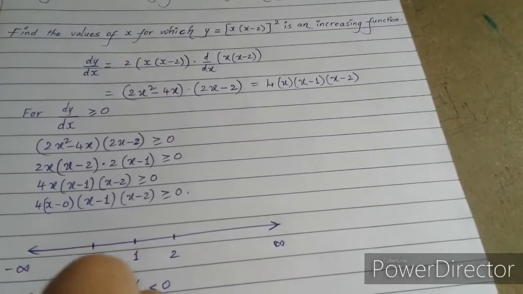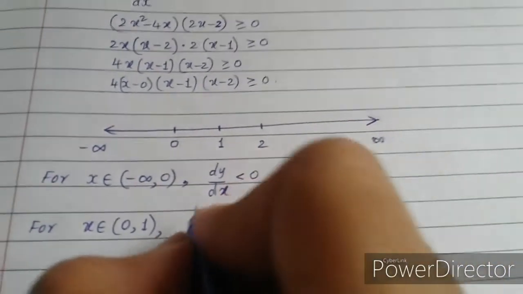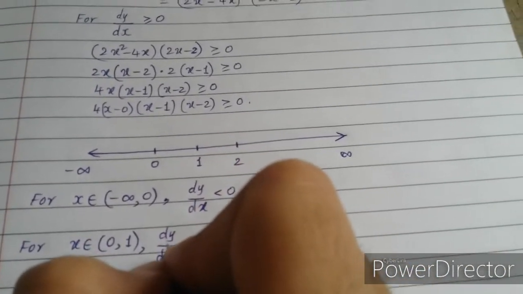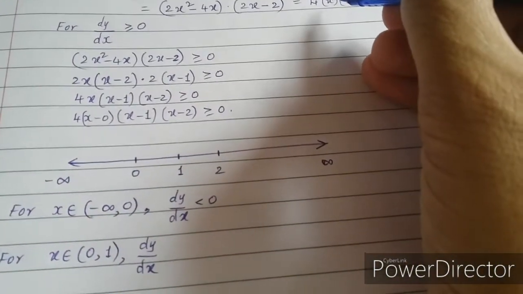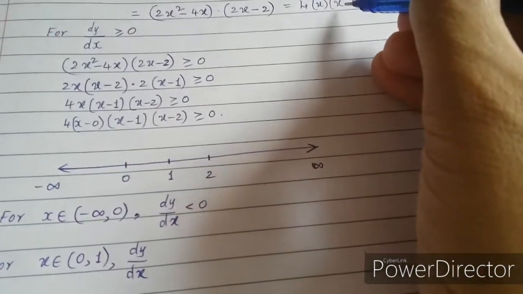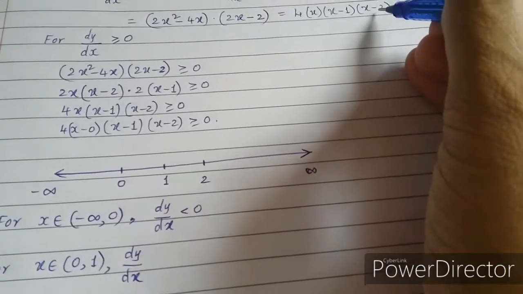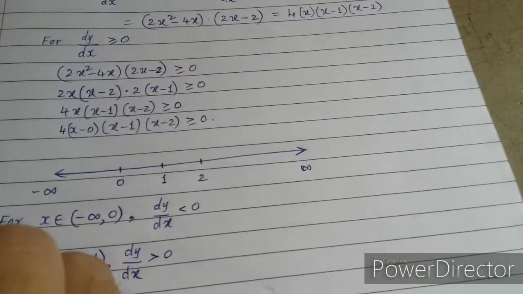For x belongs to 0 to 1, dy by dx greater than 0 and less than 1. Taking 0.1 or something positive, positive, negative, negative, negative into negative, positive, so it will be greater than 0.